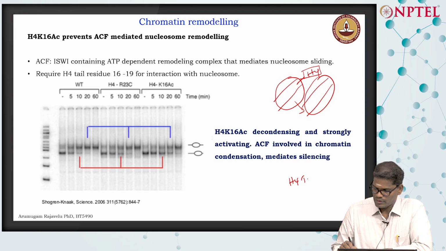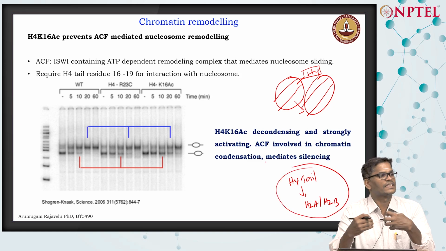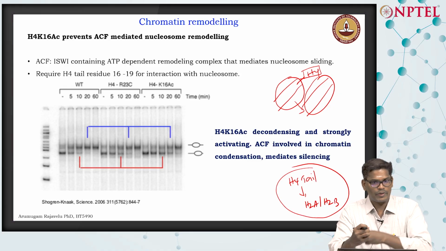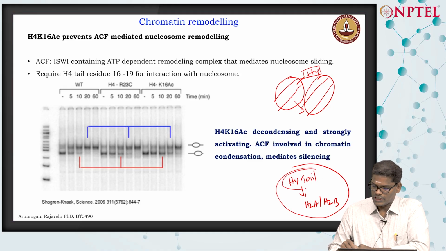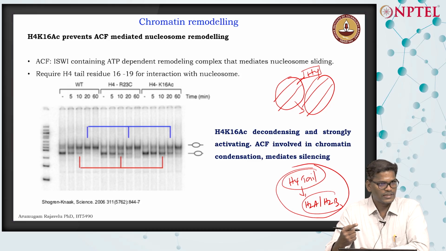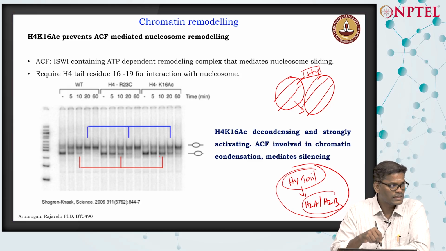H4 tail binds to the H2A, H2B. This interaction is essential for the successful association of the single nucleosome. Got the point? You will understand the tail of H4 when I show the structure in the upcoming acetylation class slides. Now I will introduce it in connection with this assay. So the tail is essential.